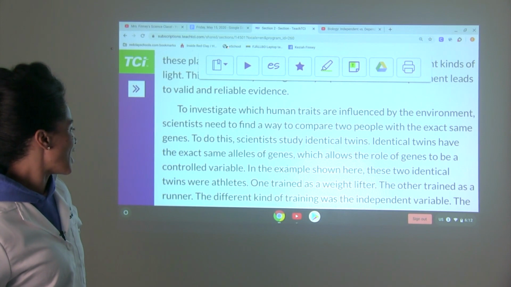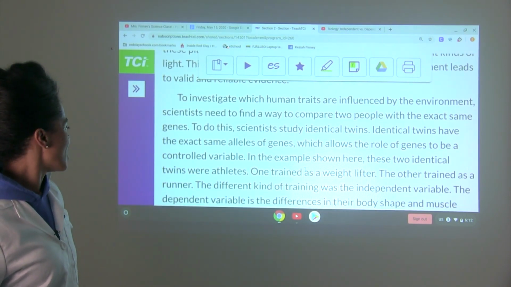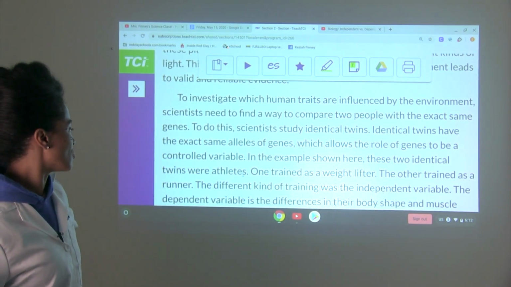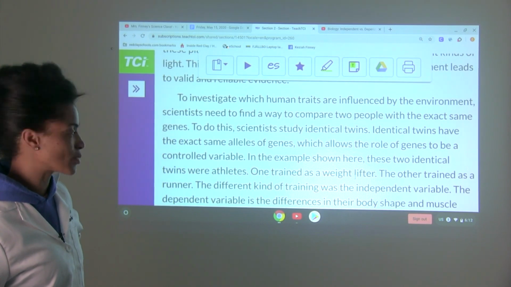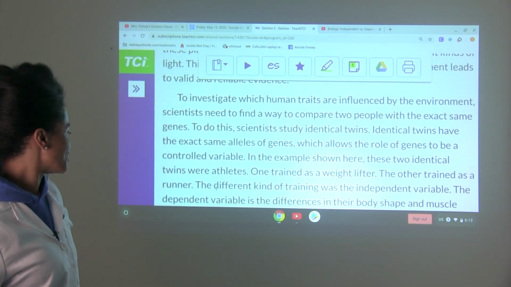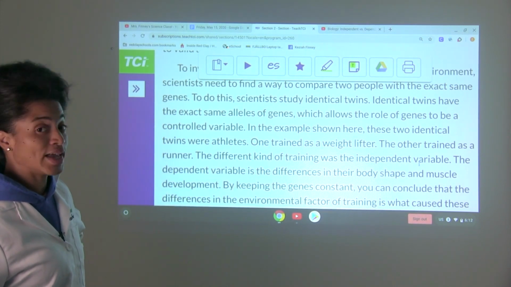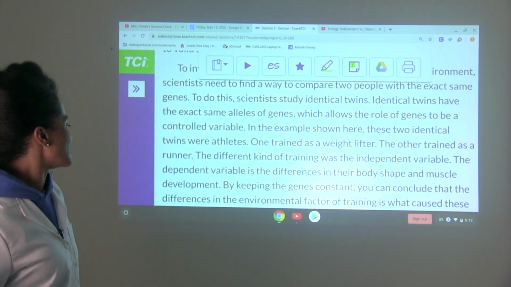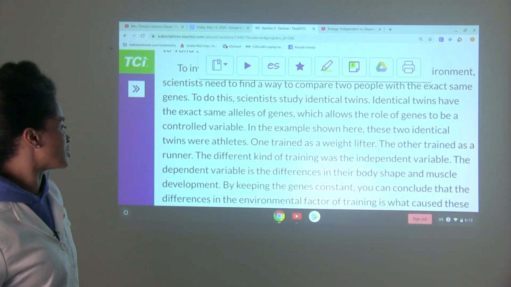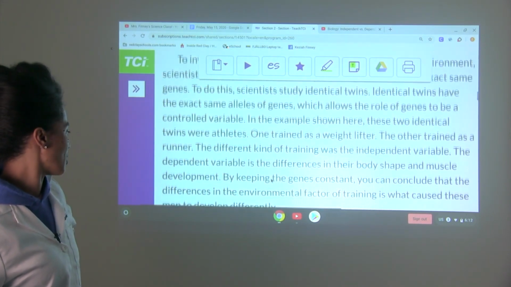All right? And the example shown here, these two identical twins were athletes. One trained as a weightlifter, the other trained as a runner. The different kind of training was the independent variable. The dependent variable is the differences in their body shape and muscle development.